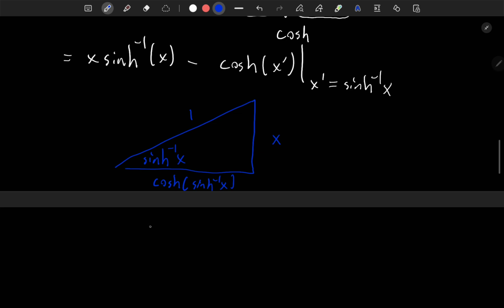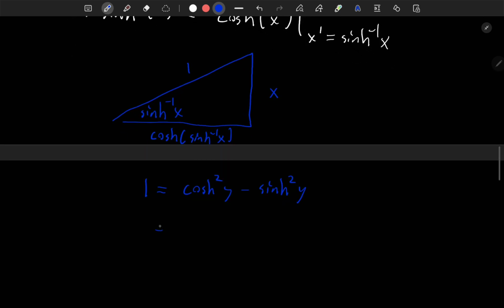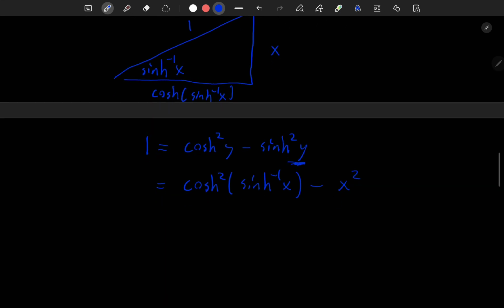We have the hyperbolic Pythagorean identity, which would be cosh squared minus sinh squared gives you 1. In this case, we're going to have cosh squared of inverse sinh of x, and then sinh of inverse sinh will be x, so we have minus x squared.